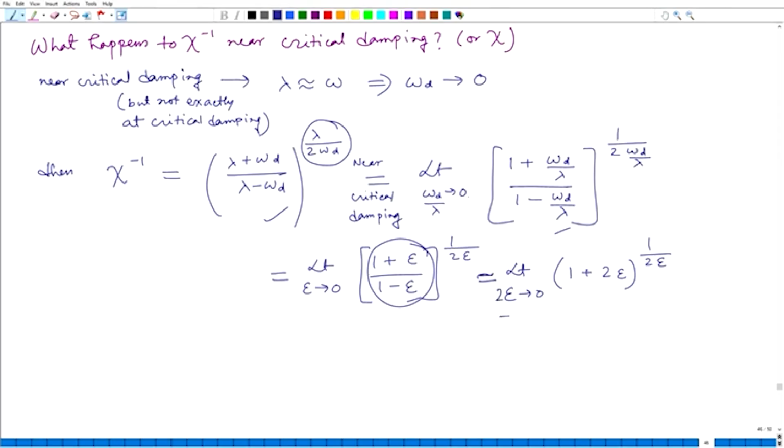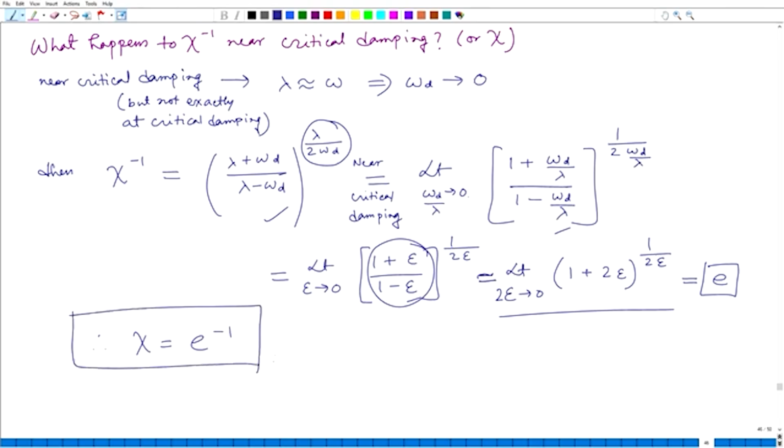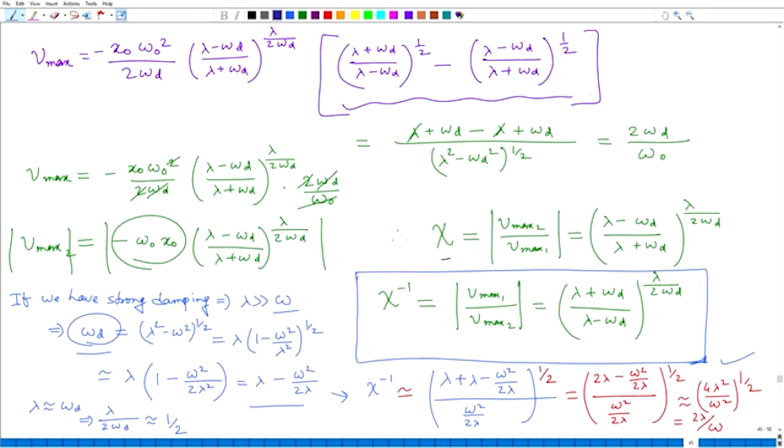Do you know this limit? This limit has a very interesting value, this is equal to e, that is the exponential e. Okay. And then chi will actually be e to the minus 1. So, you see that near critical damping, this ratio has a very fixed value, which is 2 point whatever 718. Okay. And then here you will have something 2 lambda by omega.